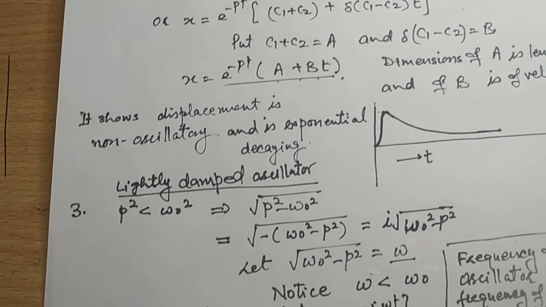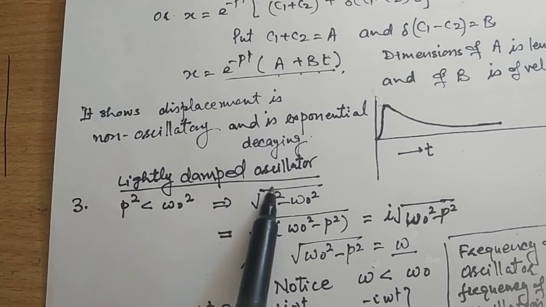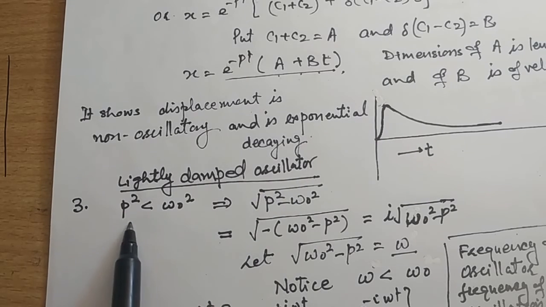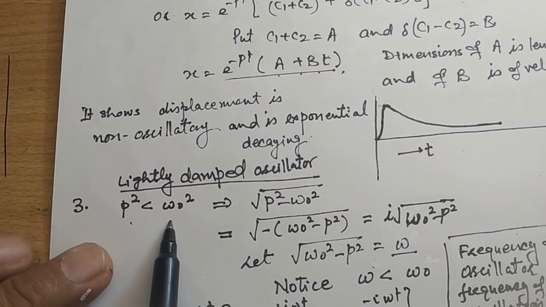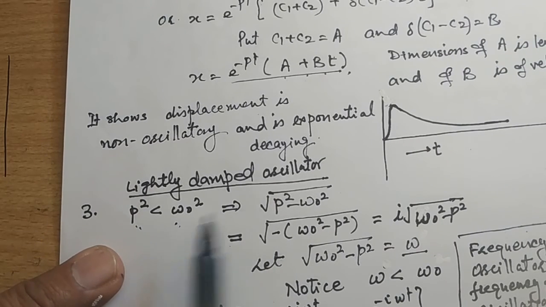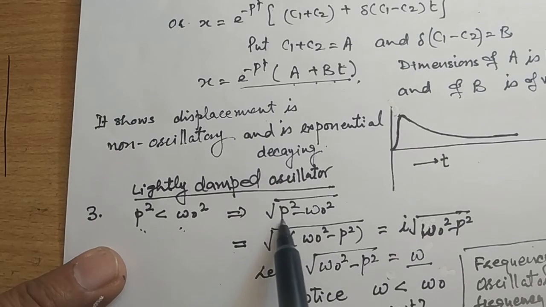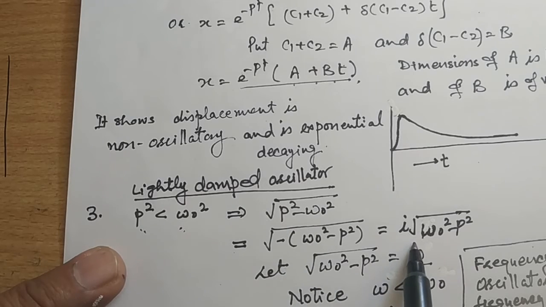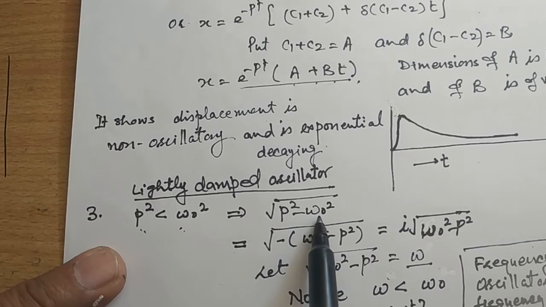Okay, now lightly damped. The third case is the lightly damped oscillator, where p square is less than omega naught square. If p square is less than omega naught square, then naturally this term will be negative, and anything negative under a square root can be written like this, because this is the smaller term and this is the bigger term.